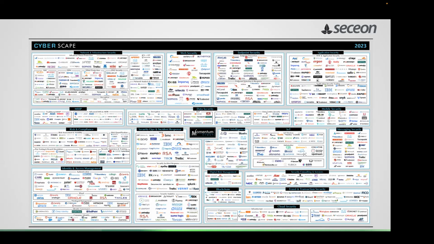This is by a VC firm called Momentum Cyber. And I think if you just type Cyberscape in Google, you'll find their website. And they have many versions of this. Obviously, it gets updated quite often. But this is their view of all of the vendors across the cybersecurity space.